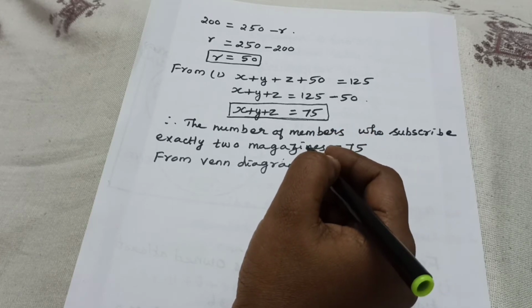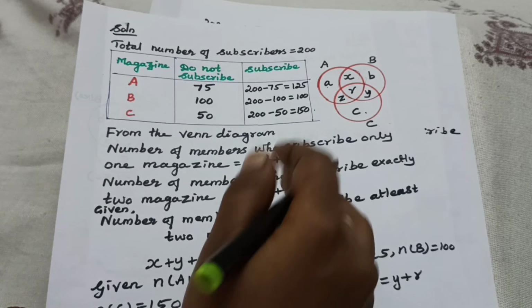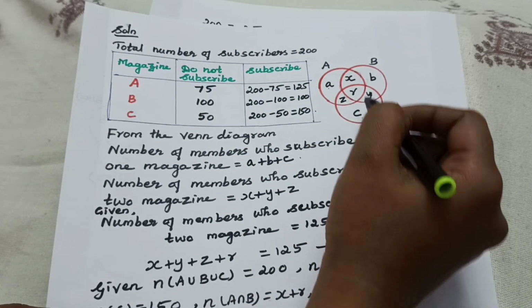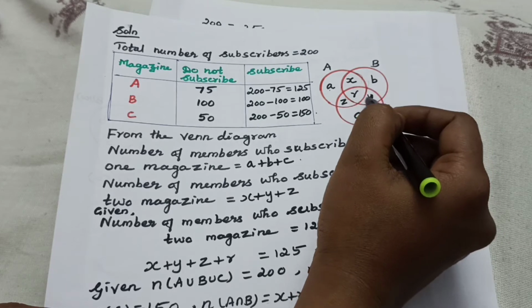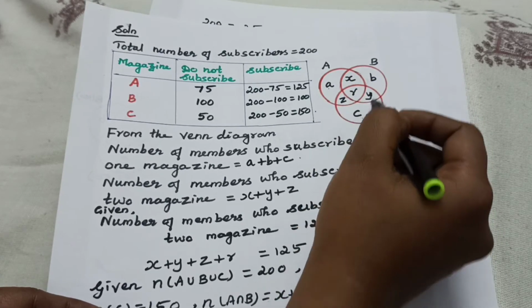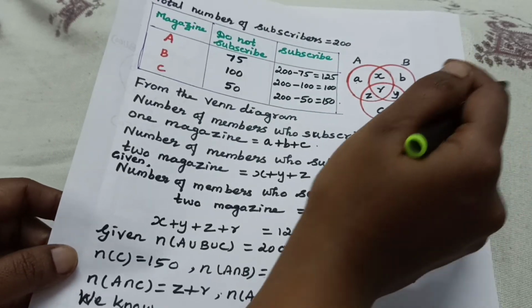From the Venn diagram, what can we write? Here A plus B plus C, okay, plus X plus Y plus Z plus R is equal to total, how much? 200. Okay, total 200.